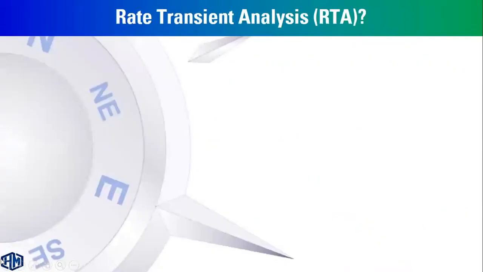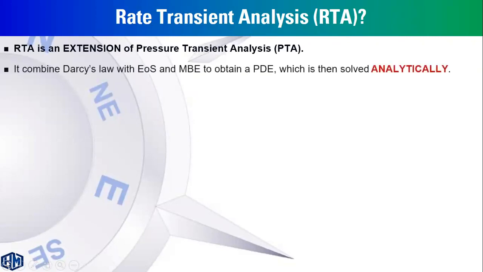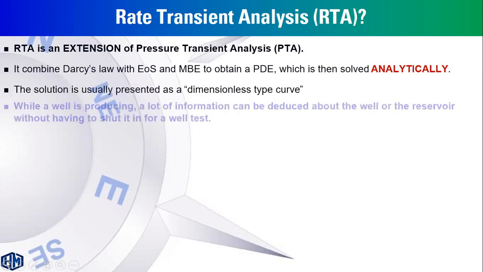So what is RTA, or rate transient analysis? Simply, it's an extension of pressure transient analysis using the same principles: Darcy's law, the material balance and equation of state. We actually use the flowing data to describe the reservoir without the need to shut in the well, unlike the static material balance.